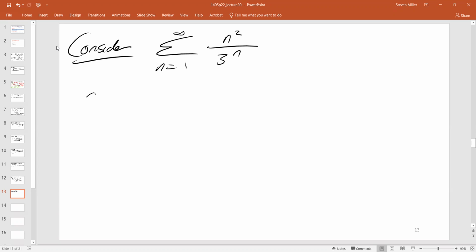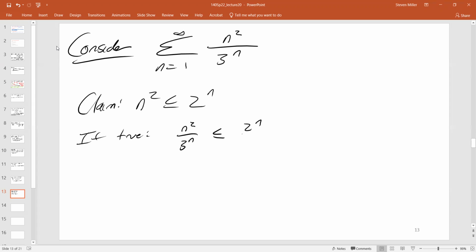So I claim n squared is less than or equal to 2 to the n. Okay. If true, then n squared over 3 to the n is going to be less than or equal to 2 to the n over 3 to the n, which is (2/3) to the n.